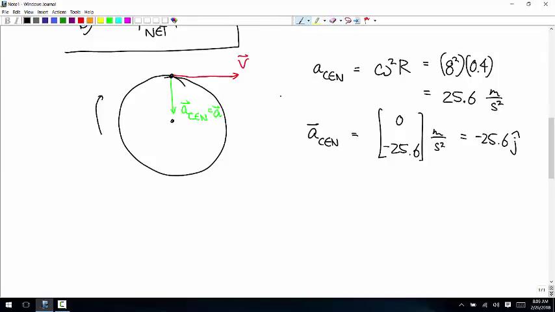So this answer is the acceleration of the particle, assuming that the center is fixed.